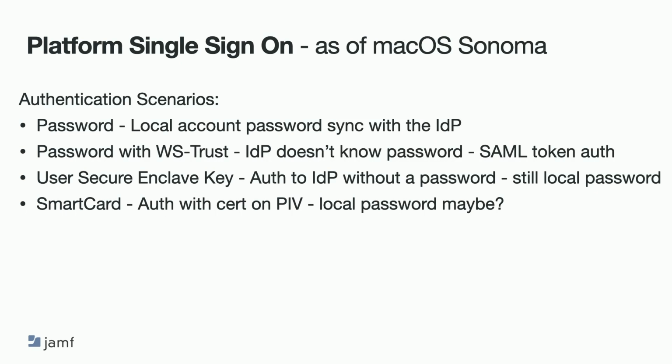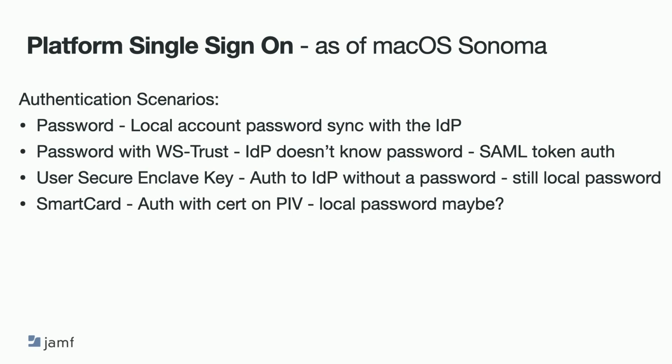Still TBD. There is a token that's actually in the secure enclave for that user when this other flow is enabled that allows you to log in with the identity provider password, but then there is definitely still a separate local account password, which makes it extra confusing for your end users.